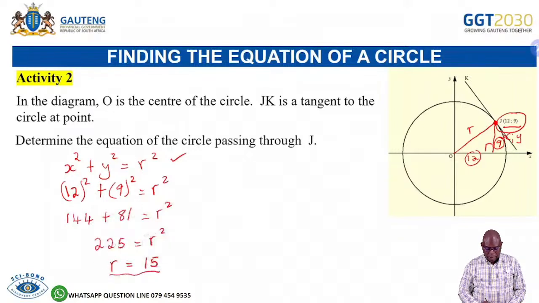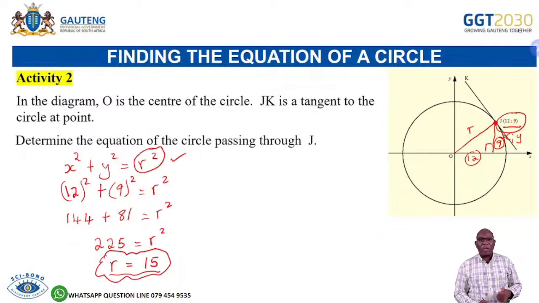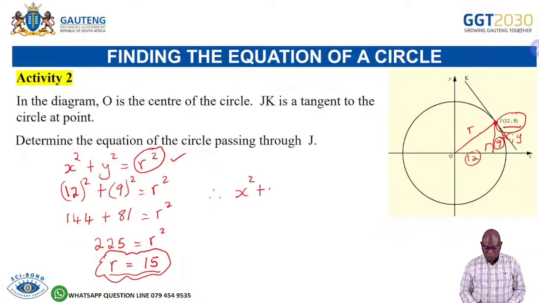But remember, I do not want r here. I need r squared. So it is not necessary for me to have that unless I'm asked to get the radius of that circle. Therefore, my equation of the circle will be x squared plus y squared equals 225. Remember, my r squared is 225.